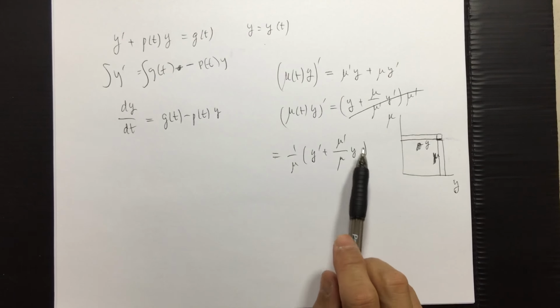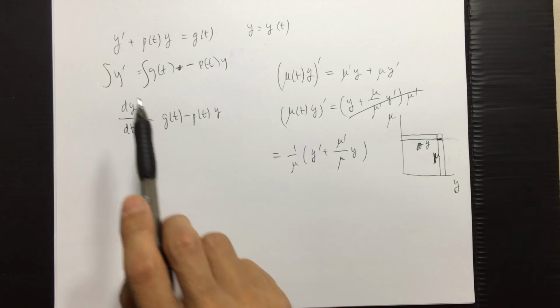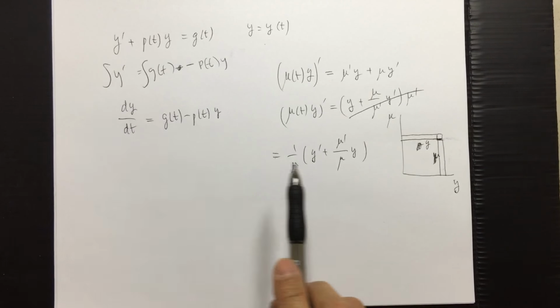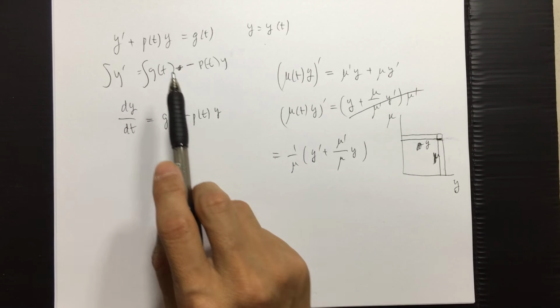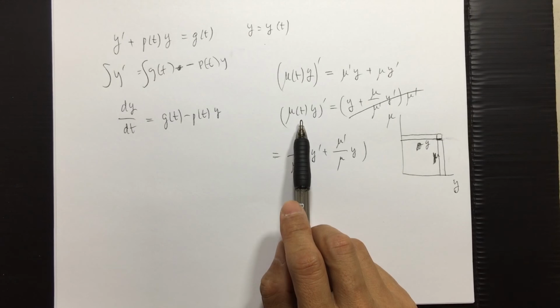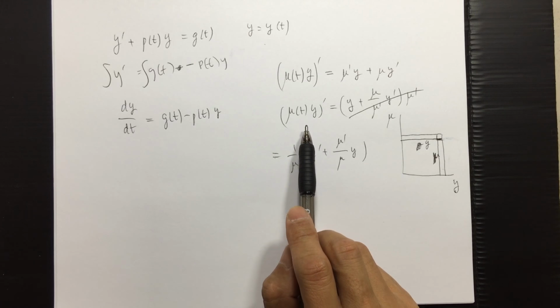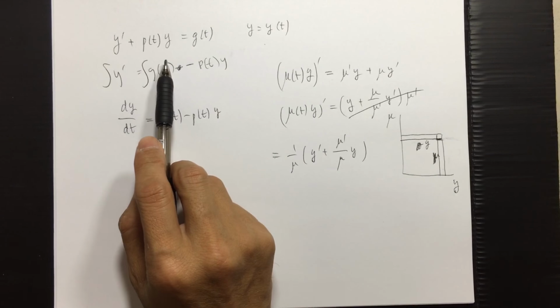See, look, compare this and this. If I can make this y prime, if I can make mu prime divided by mu equal to p, then I can use this way to put this y inside this derivative. Because when you do this derivative, it comes up to two terms. Here we have the two terms.